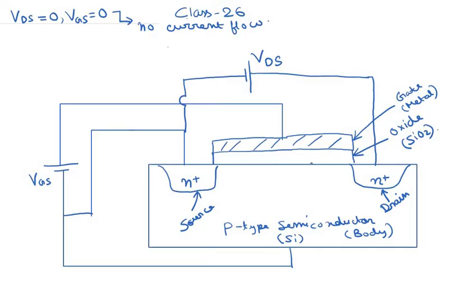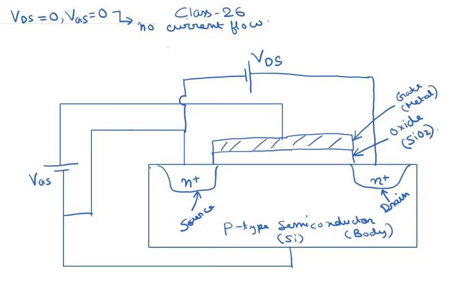This negative charge is basically not mobile. So the charge that is developed initially when VGS is increasing from 0 cannot contribute to any current flow because that charge is immobile. So immobile charges form the depletion layer.